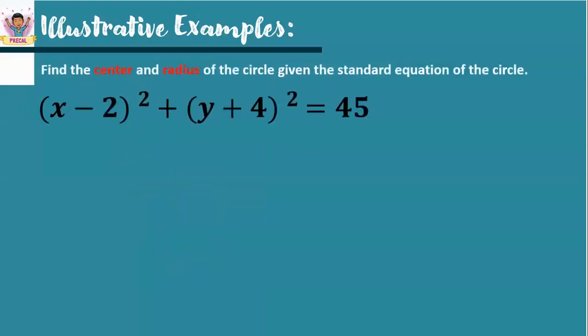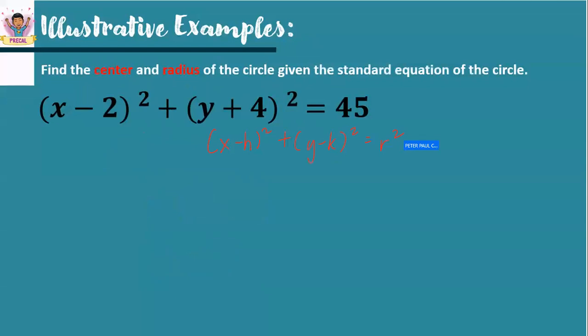Let's move to the next example. Let's again find the center and the radius given this standard equation. Obviously, this example now takes the form (x minus h) squared plus (y minus k) squared is equal to r squared.